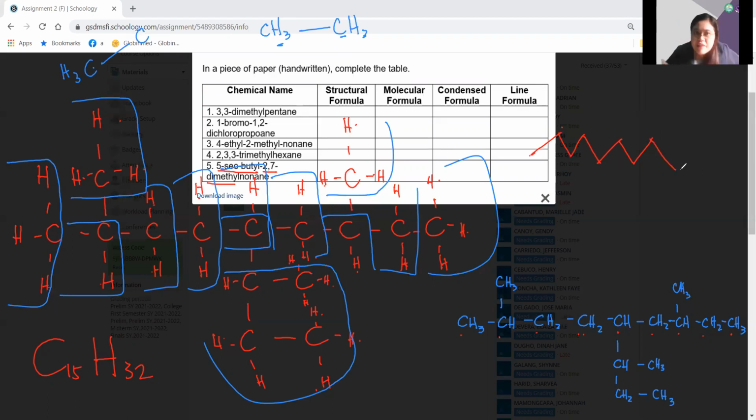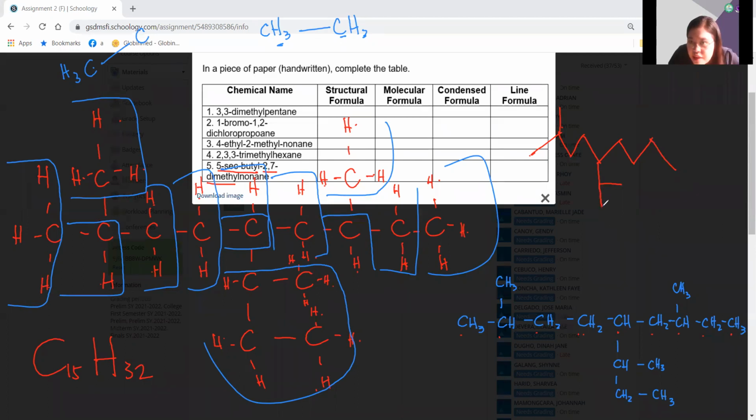And then let's have the substituents. Carbon number 2, we have a CH3. So I'll write here a line. That is carbon number 2. And then on carbon number 5, 1, 2, 3, 4, 5, here I'll write a line going down. This is the CH, and then we will have a CH3.